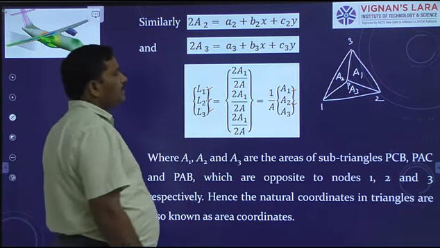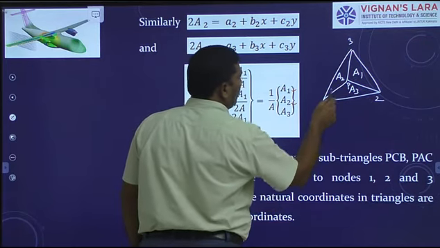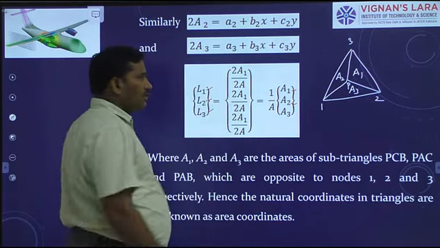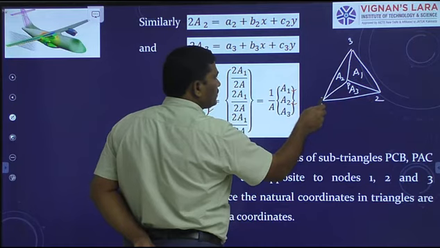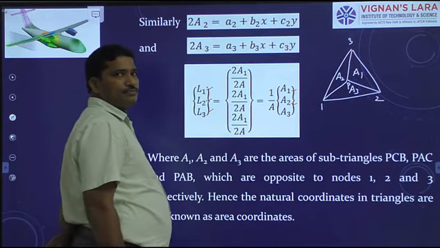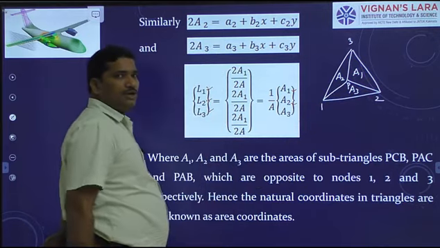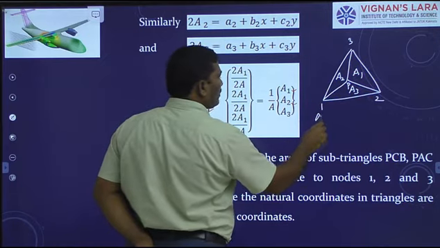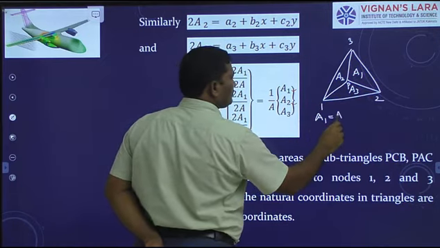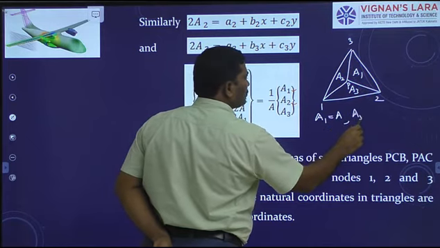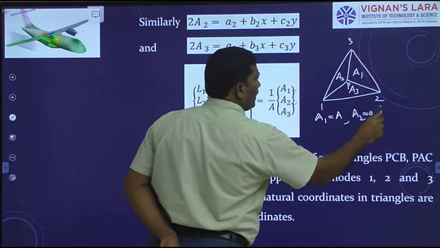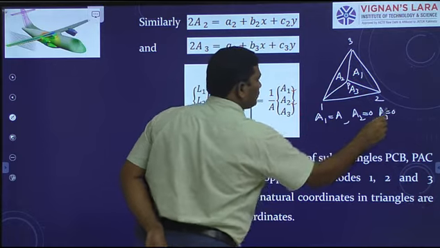Now, I say P coincides with node 1. When P coincides with node 1, A1 equals A, A2 equals 0 and A3 equals 0.